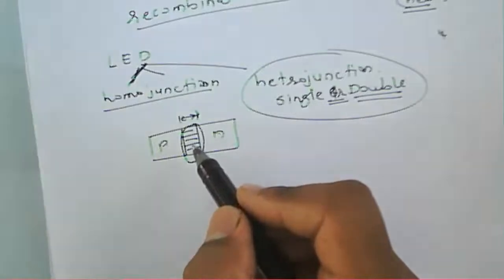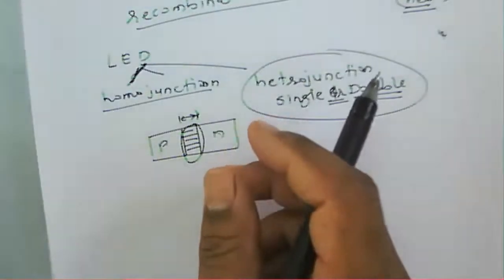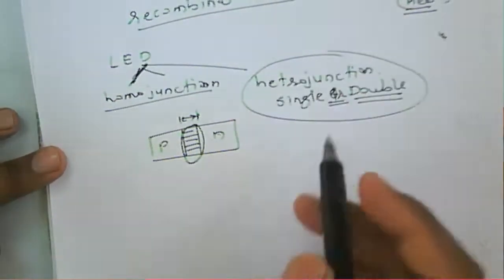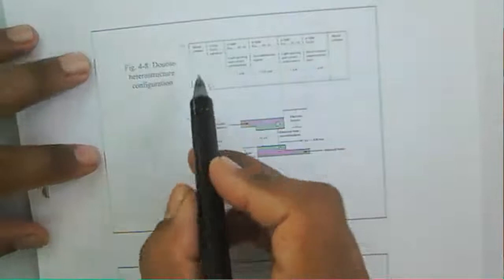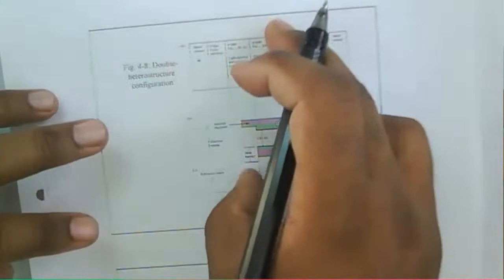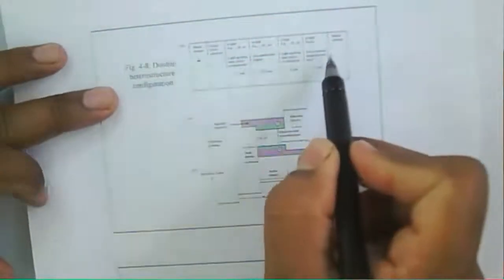Now, how are these heterojunctions configured? We should know one particular double heterojunction structure here. In this double heterojunction structure, this one is a metal contact. This diagram is taken from the book by Keiser.